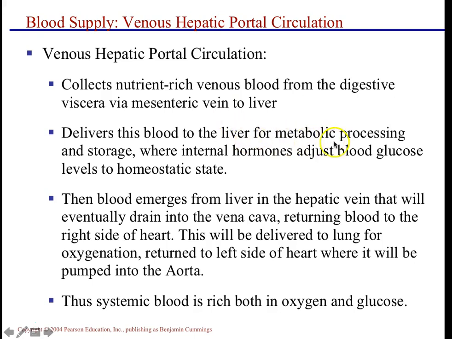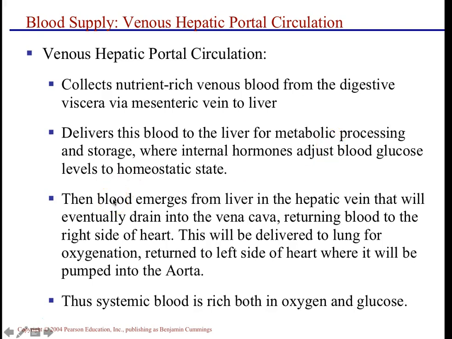The liver is going to metabolically process and perhaps store, where hormones and other specialized cells will adjust the blood glucose. It will also, again, get rid of microbes and poisons and toxins.